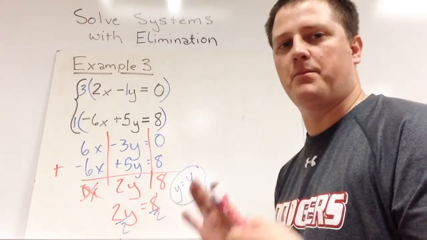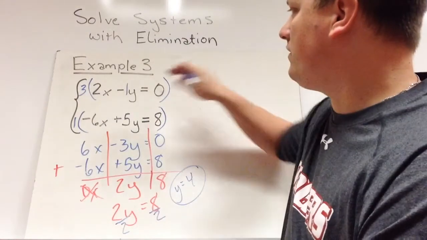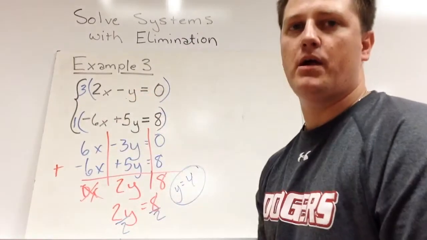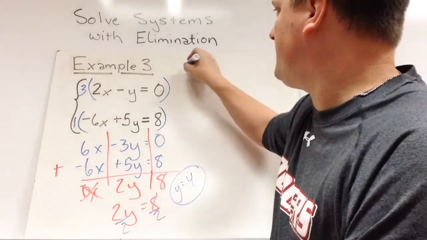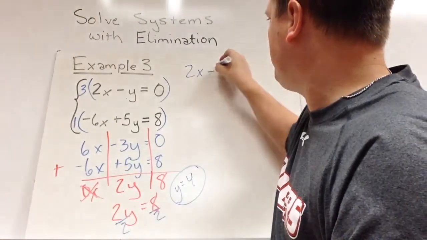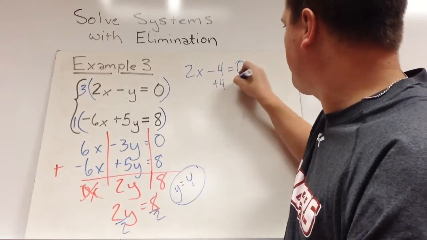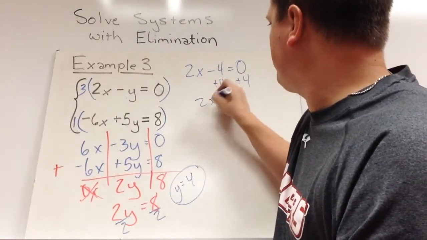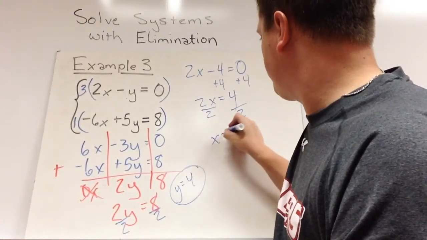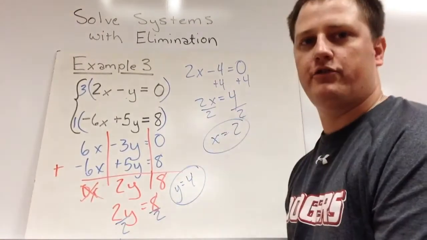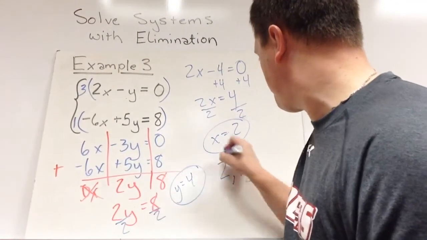From here, we're just going to put 4 into the equation and find our x value. So if we go back to the original problem, we had just a y here, so I'm going to put 4 in for y. It's a pretty simple situation. 2x minus 4 equals 0. We're going to add 4. 2x equals 4. Divide by 2. X is 2. And so it looks like our answer is 2, 4.